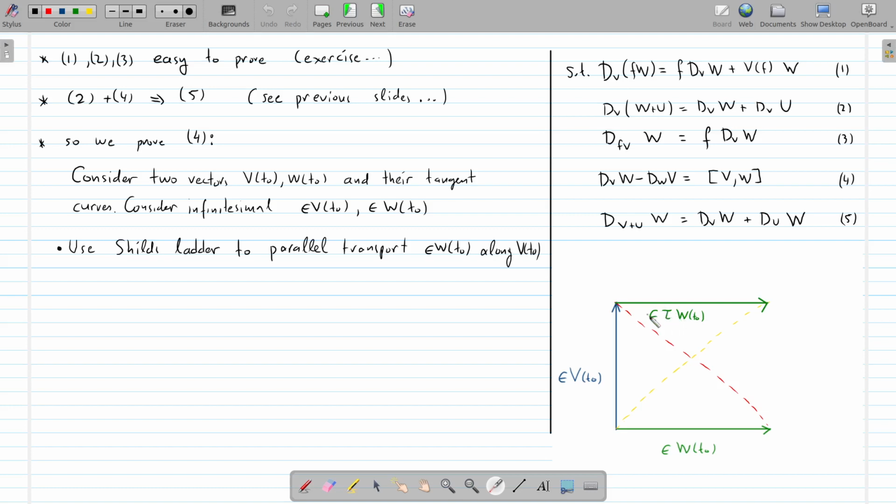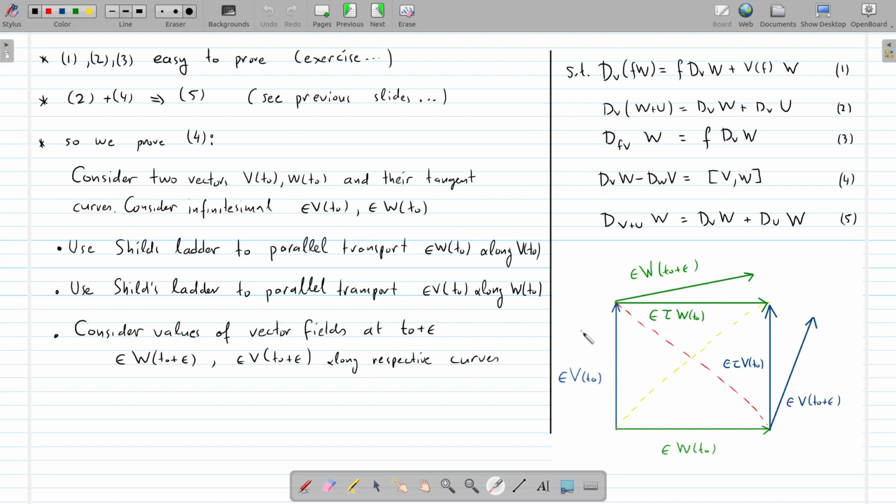Epsilon can be taken out here, and we repeat the same process for parallel transporting epsilon v along w to the point epsilon w. Now you see that this parallelogram here closes because of this construction.